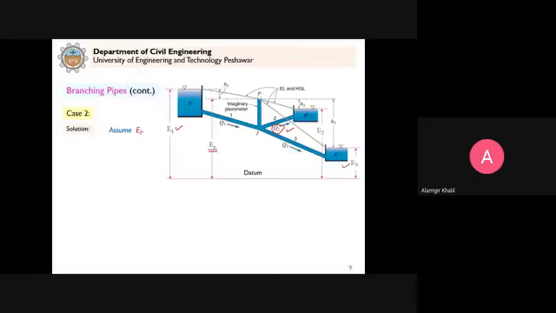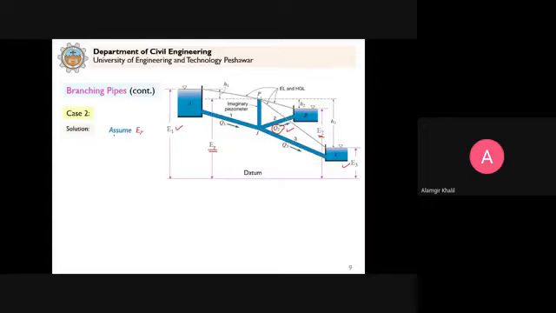So this EP has to be between E1 and E3, because we saw that in all the cases EP will be between E1 and E3, but it can be above E2 or it can be below E2. So this is the difference. Clear? So now we don't know where this elevation EP lies, above this E2 or below this E2, but it must be between E1 and E3.